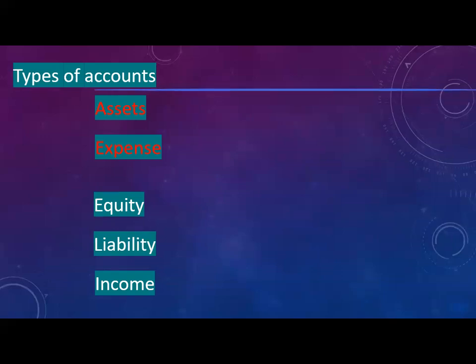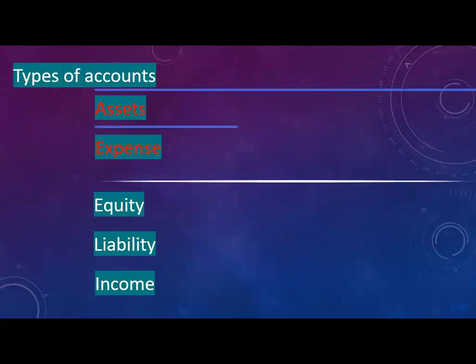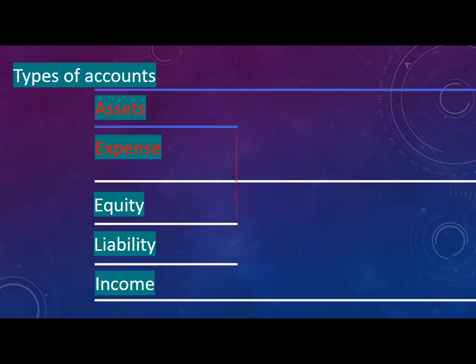If we categorize the types of accounts into five, I say in this order: asset, expense, equity, liability, income. Now you can see asset and expense in the same color, coming under one box, and these three coming under another box.